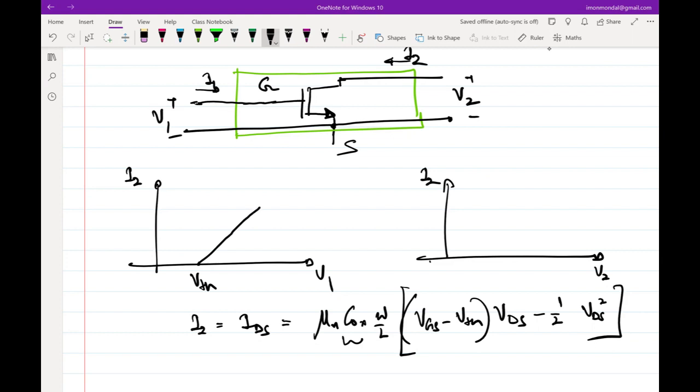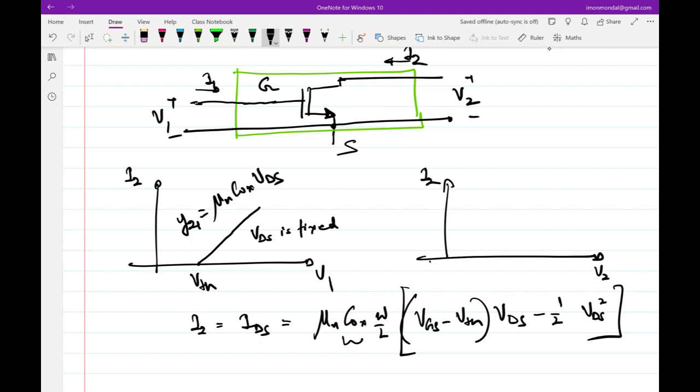This is for a particular VDS, so VDS is fixed. And Y21 is essentially the slope of this line, which will be mu n Cox W over L times VDS.